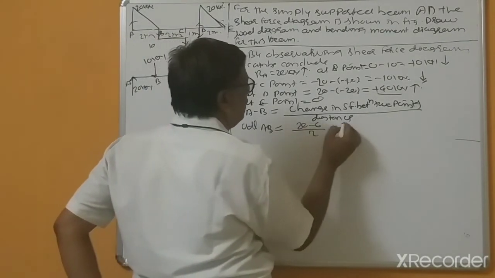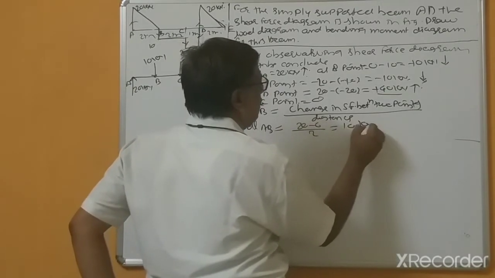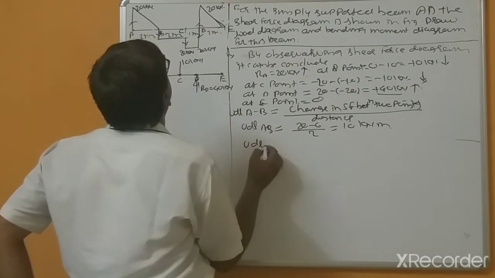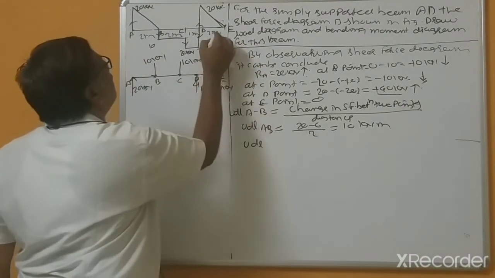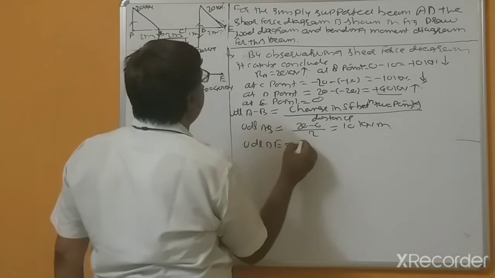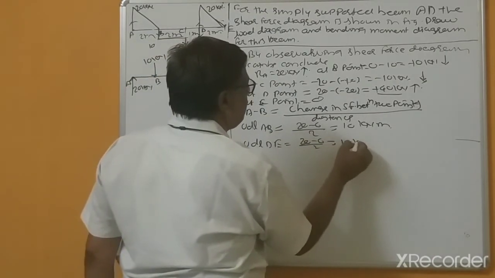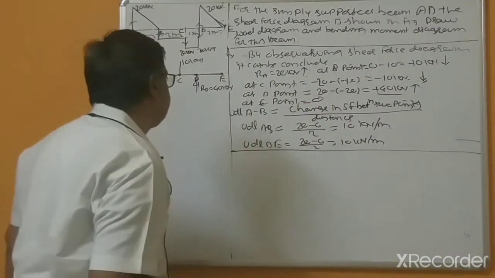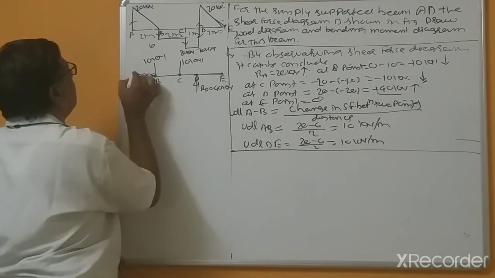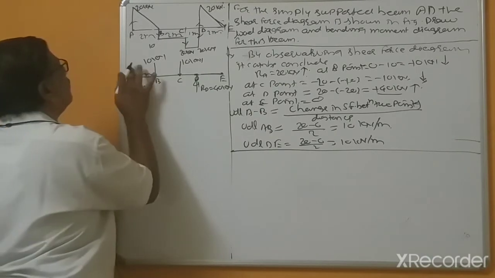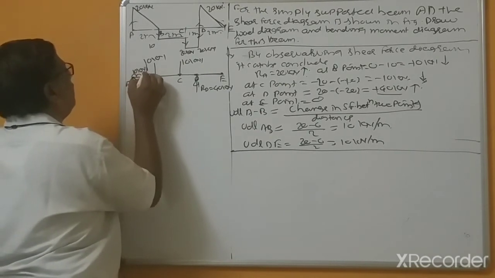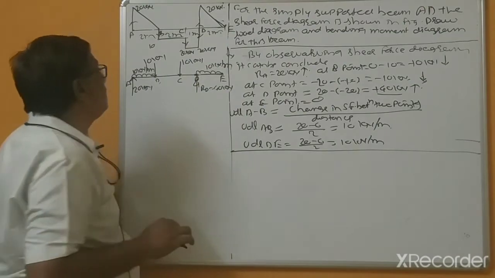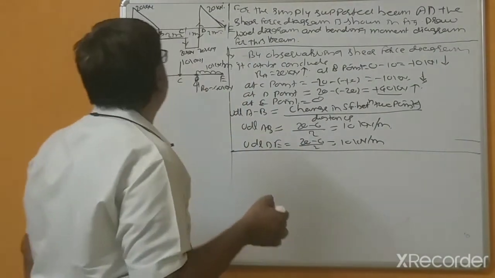distance equal to 2, this is 10 kilonewton per meter, and UDL DE equal to again 20 minus 0 divided by 2, this is 10 kilonewton per meter, because this inclined line indicates this is UDL acting.